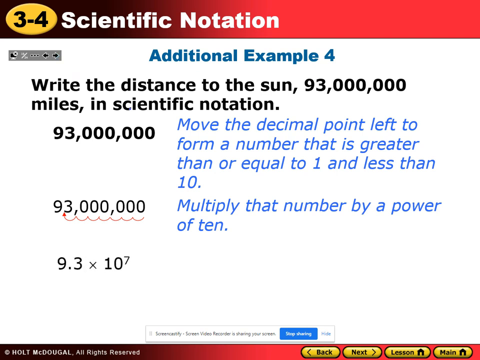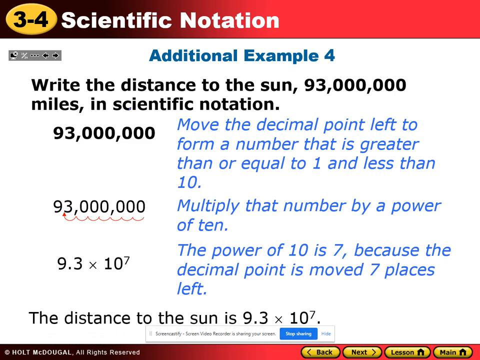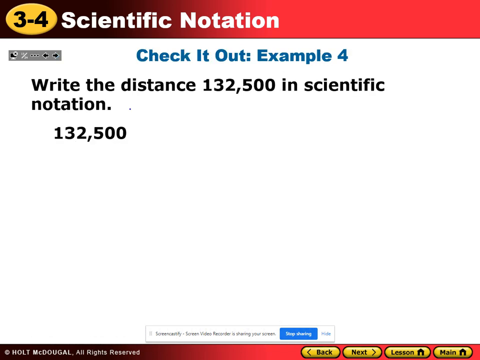9.3 times 10 to the 7th. I need to know where the decimal's at. Right there. I need to move it to where it's with one spot left of it. 1, 2, 3, 4, 5. 5 spots.